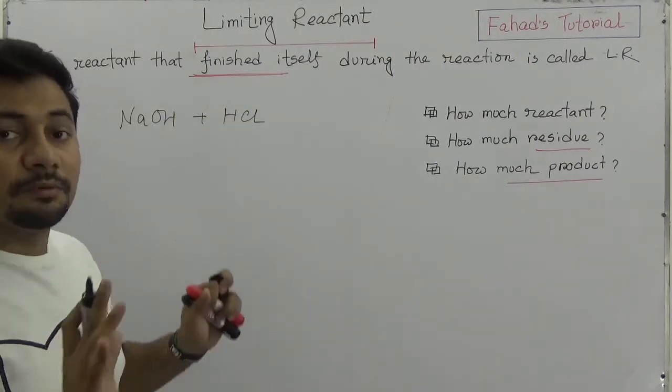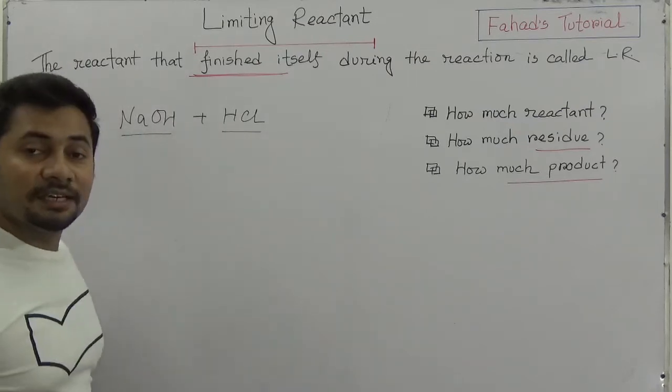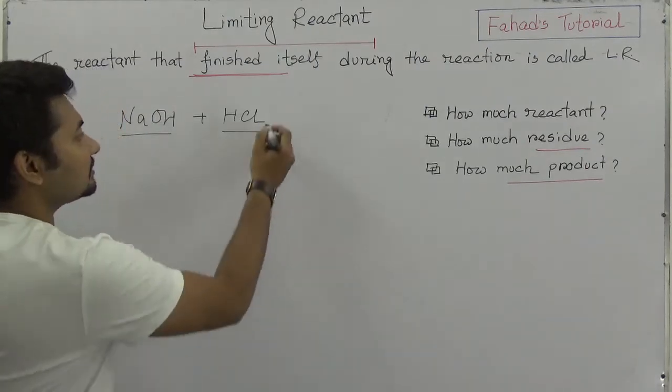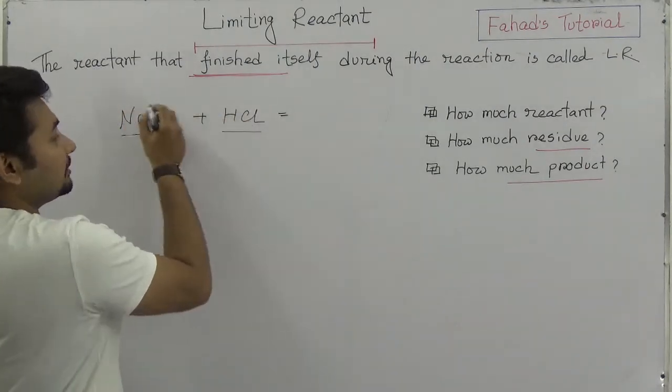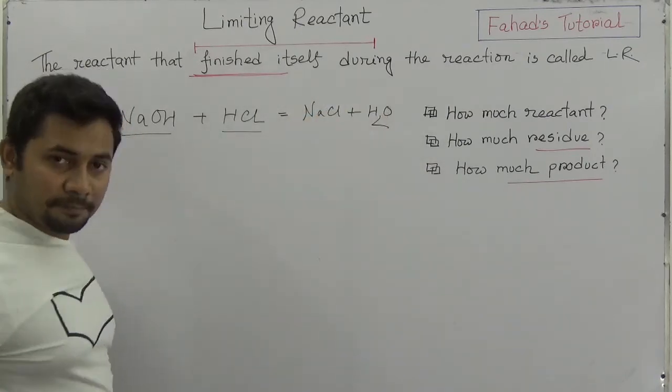Very simple. So what would be the product? We know this is a base and this is an acid, so it's a neutralization reaction, it will produce salt and water. It's a very well known equation. So it's sodium chloride and water.